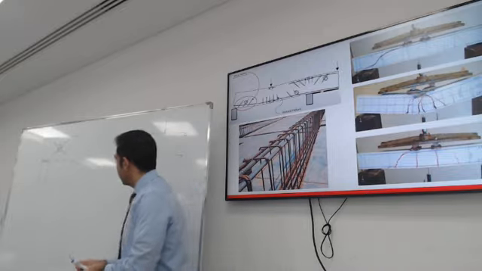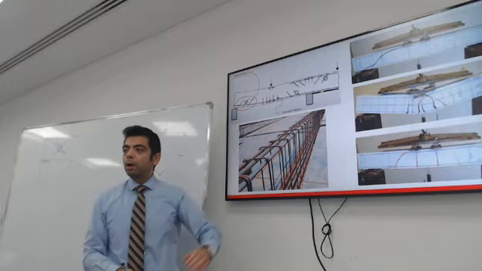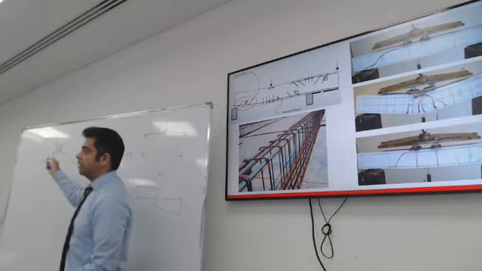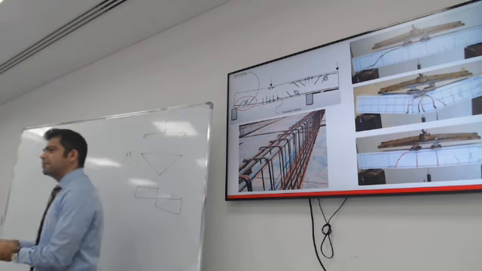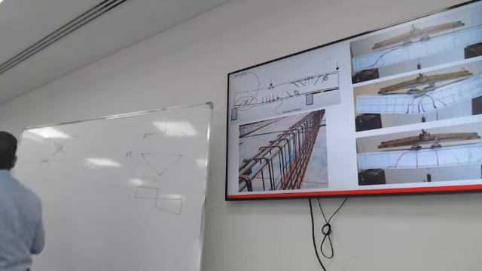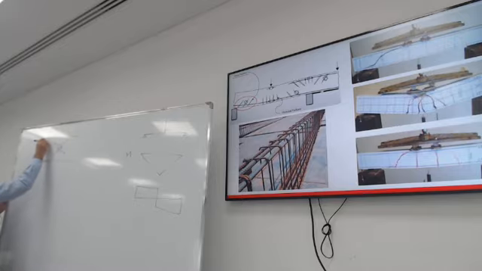So how will a stirrup that looks like this help close that crack? The stirrup is perpendicular to the crack. This is very interesting. The stirrup, this is the longitudinal bar. This is the bottom reinforcement, the top reinforcement.